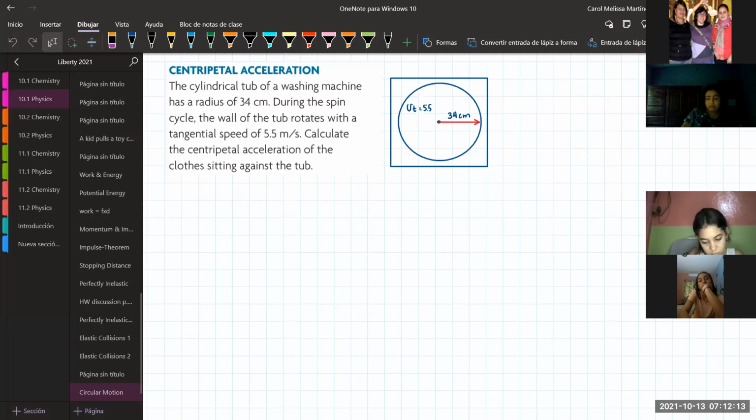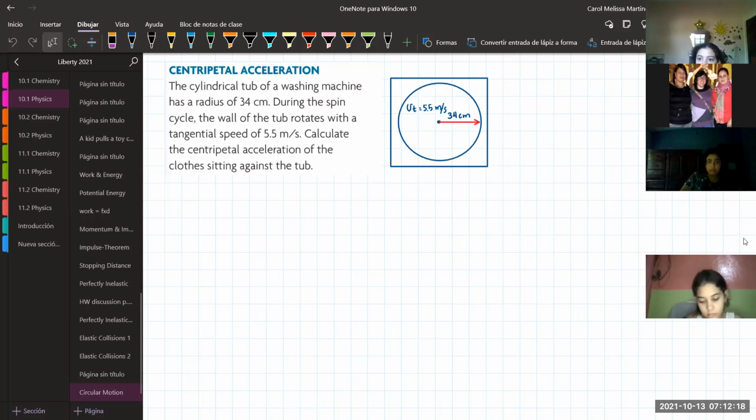This is how the rotation occurs. So the rotation occurs at a tangential speed of 5.5 meters per second, and they're asking me to find centripetal acceleration. So I'm going to write my data right here.